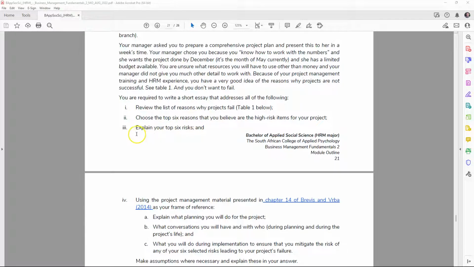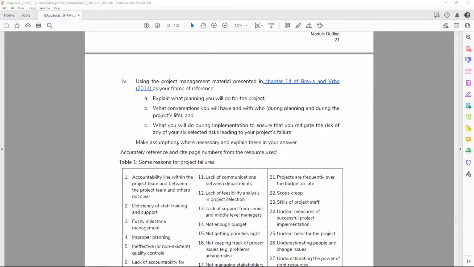You would then introduce that very briefly as this is the reason, and then explain it shortly in a compact way. Do that for the 6 of those, and then explain what planning you will do for the project. Again, that's chapter 14 of Brevis and Verbaar.